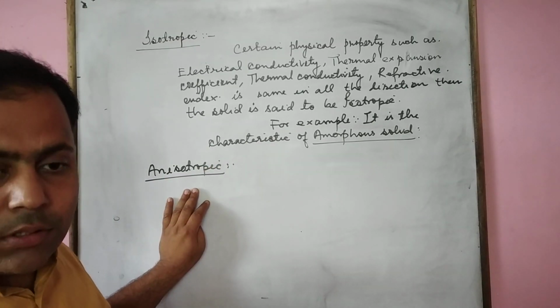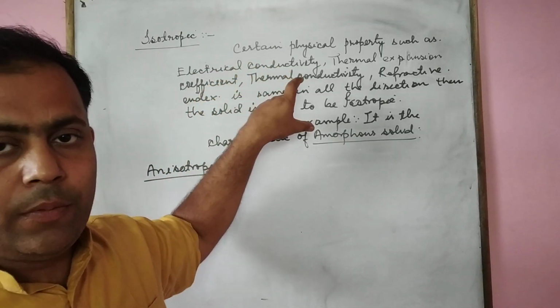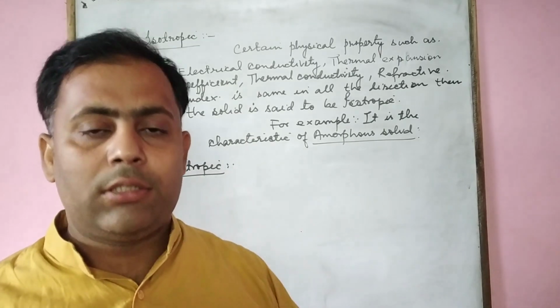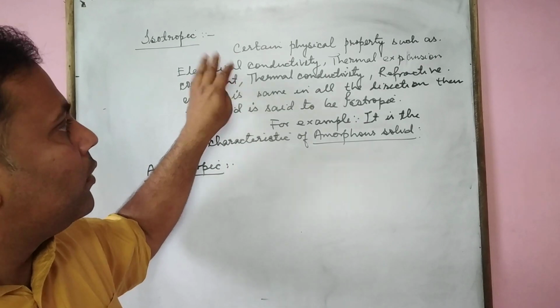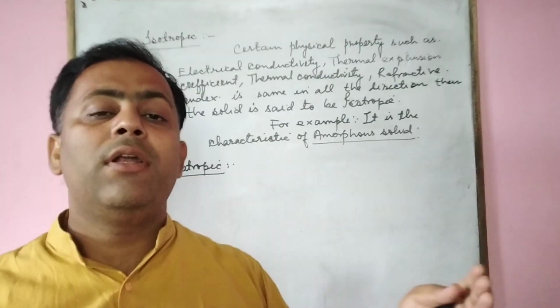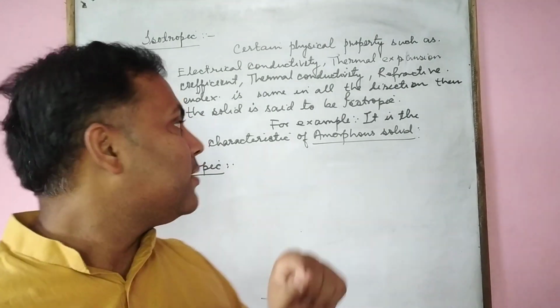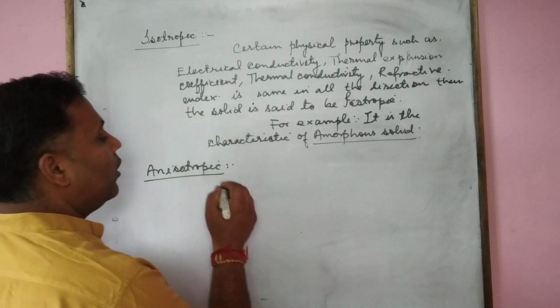Anisotropic, what it means? If this physical property is different when we measure from different direction. It means if thermal conductivity, electrical conductivity, refractive index is different in different direction, then that solid is said to be anisotropic. What we got?